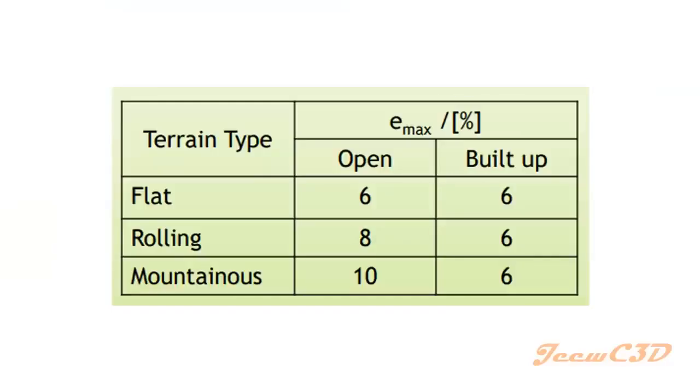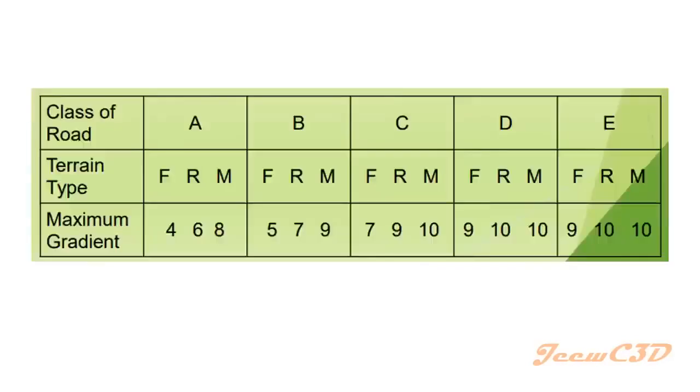I told you that we are designing this road in a flat terrain. So whether it is an open area or a built-up area, your maximum super elevation would be 6%. You can't go beyond 6% super elevation in this road. That thing has to be in your mind.